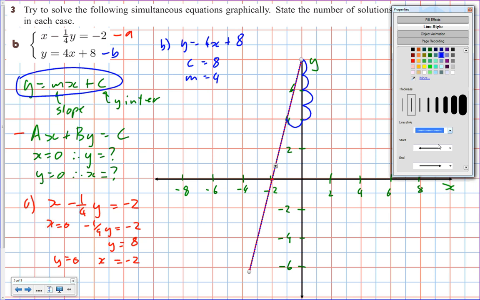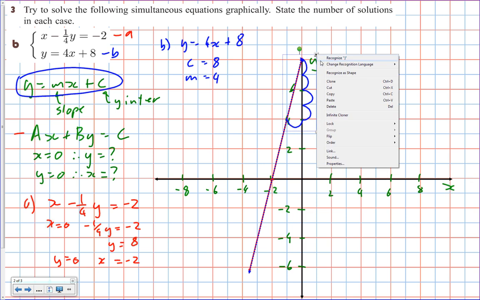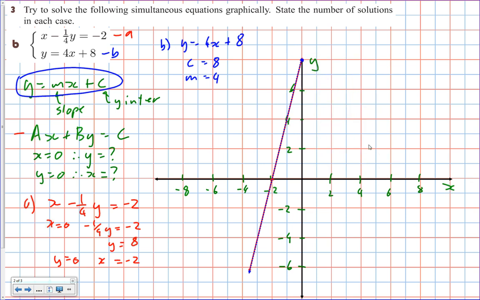Let's get rid of my gradient mark so that we can see all that. And as you can see there, my blue line is directly on top of my red line, so therefore we've got infinite solutions.